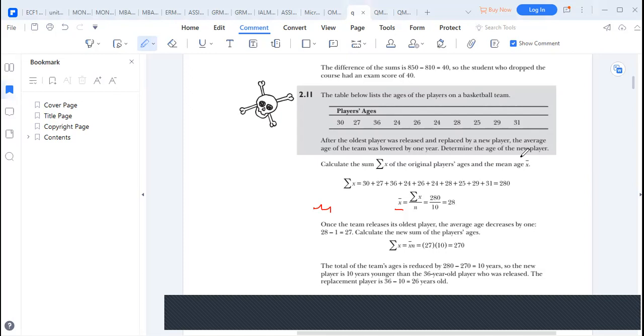So we now calculate first the mean before the new player was replaced. The mean is 280 over 10, which is 28. So the total for the 10 is 280. Now, the oldest player happens to reduce the total mean by 1. So we will do the calculation by substituting the 28, we subtract a 1 from there.